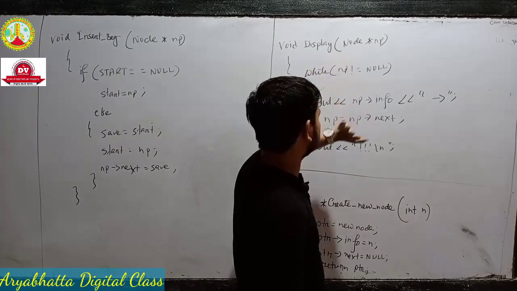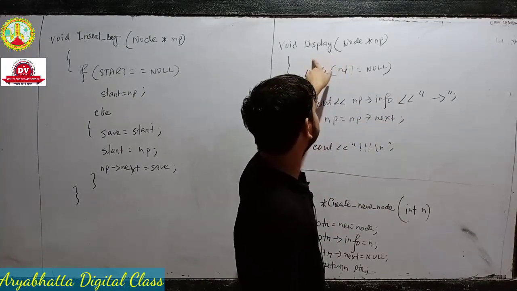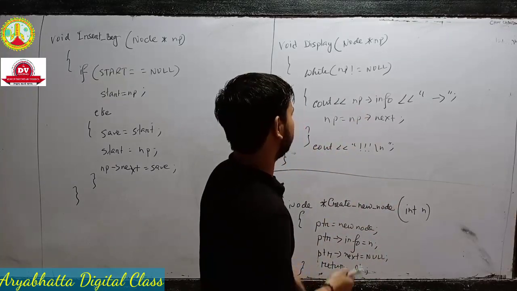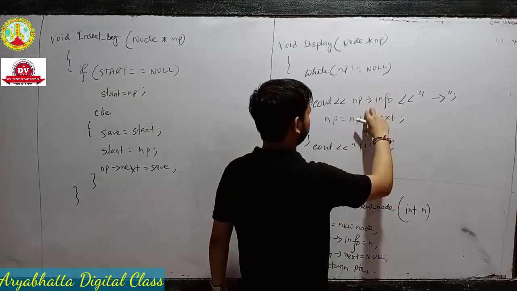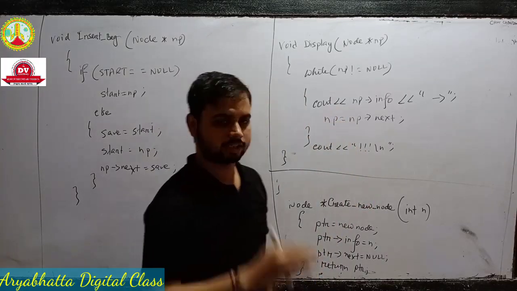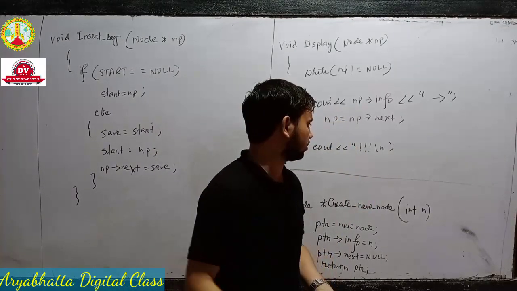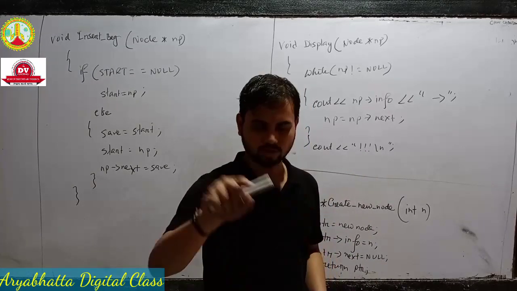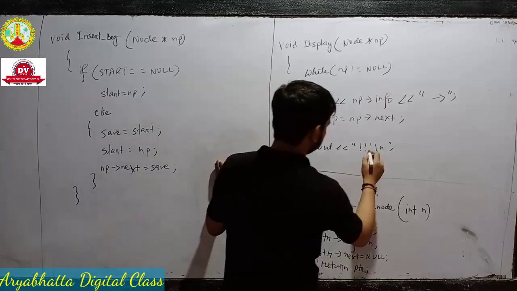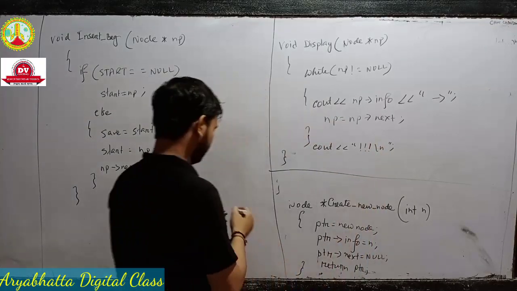And this NP info is for displaying the list, mainly the display of the list. For this, the new pointer is added, the new pointer information will be coming, and the new pointer next will be coming, and it will be NP, new pointer. And the next part will store the memory address of the next node. Okay, it's coming on a new line, \n. Okay, this is for designing purpose.